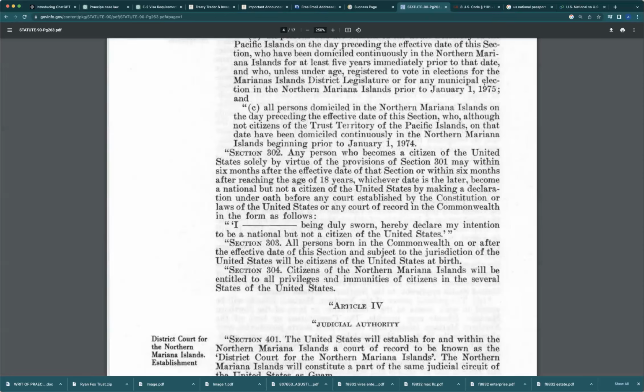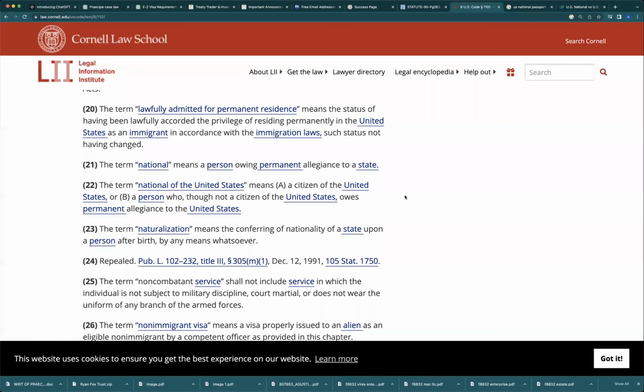Now, let's go back to Title 8. We talked about a court of record. What this is talking about is doing a process within a naturalization court. In point 23, it says the term naturalization means the conferring of nationality of a state upon a person after birth by any means whatsoever.